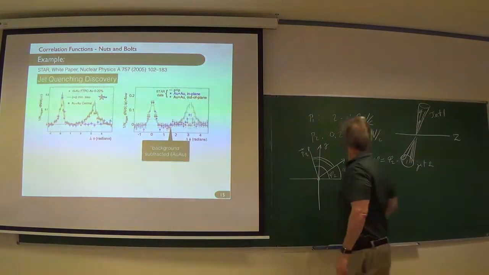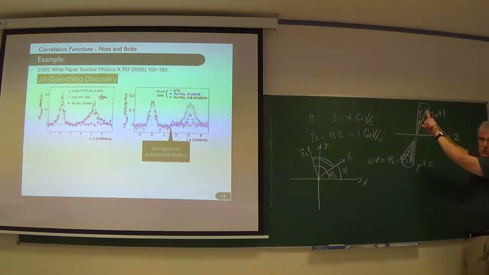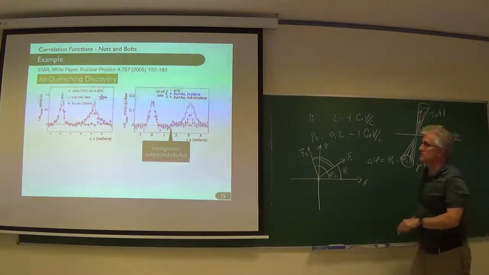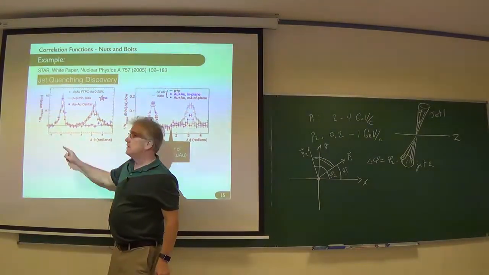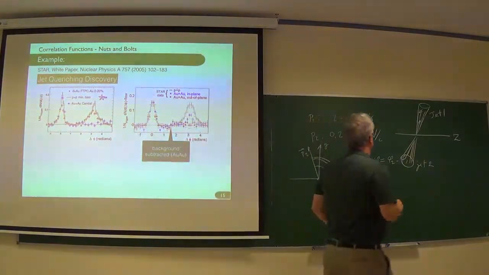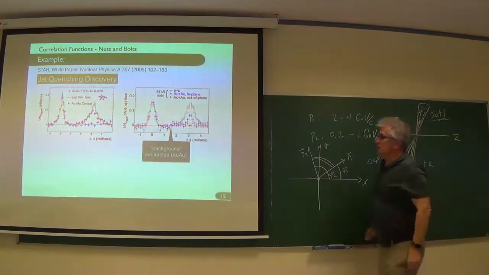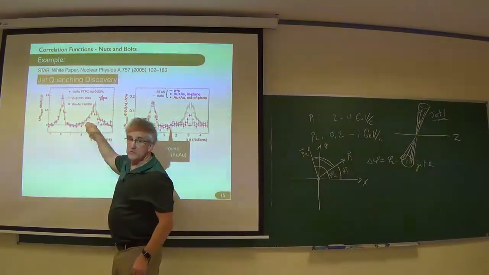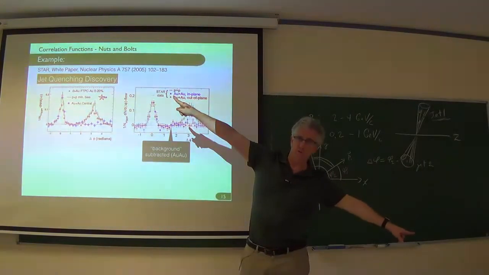Now in this jet, I have several particles that are close to one another, and because they're close to one another, delta phi is relatively small. So this peak here corresponds to pairs of particles that are in one of the two jets, whereas this second peak corresponds to particles emitted one in one jet, one in the other jet.